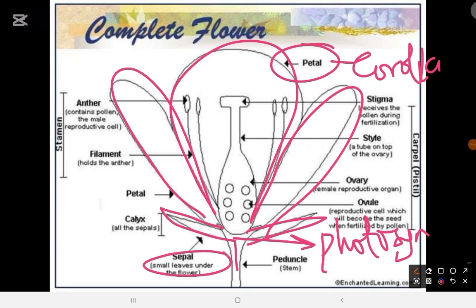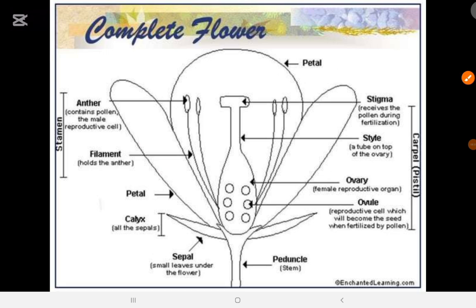We said also that the filament holds the anther in place, and within the anther we have the pollen. The pollen are the male reproductive cells, while the ovules are the female reproductive cells, and they are the ones that become seed.